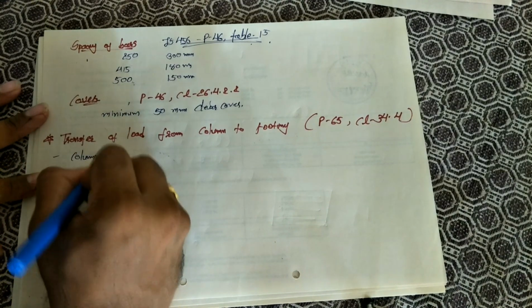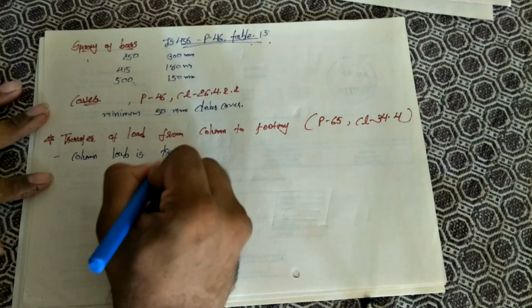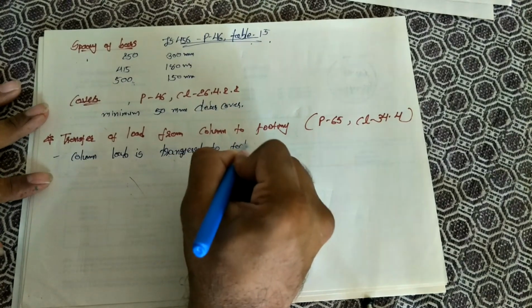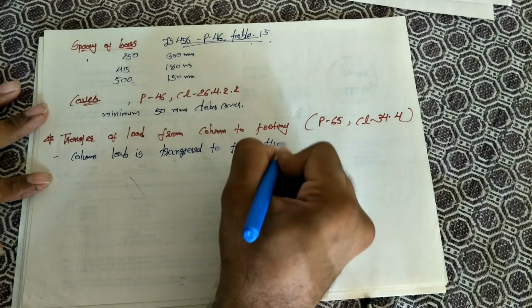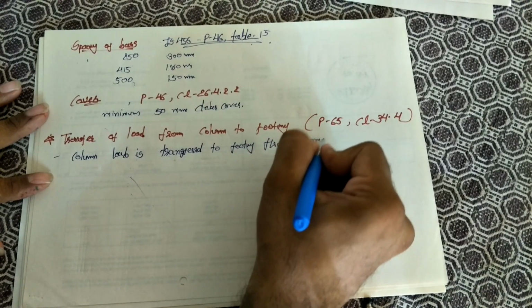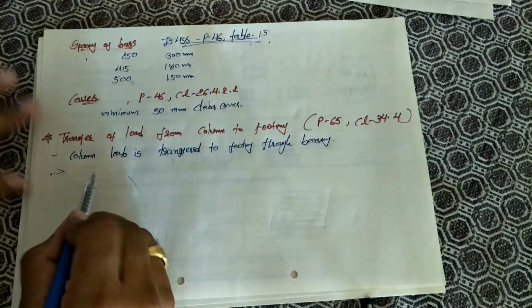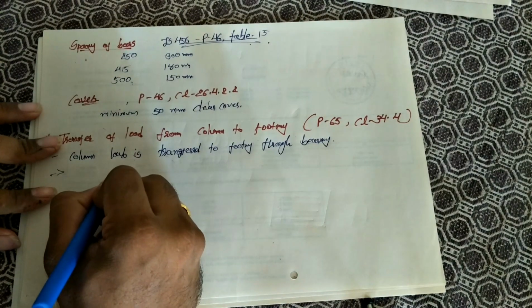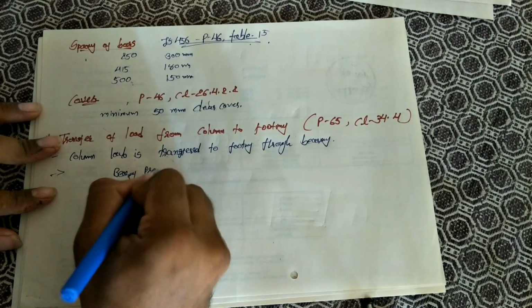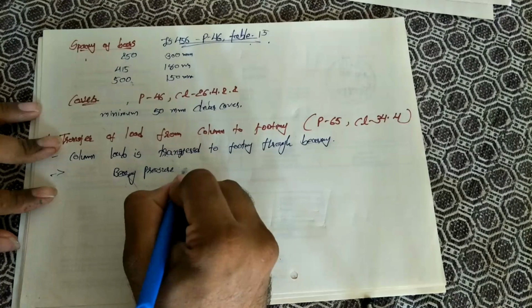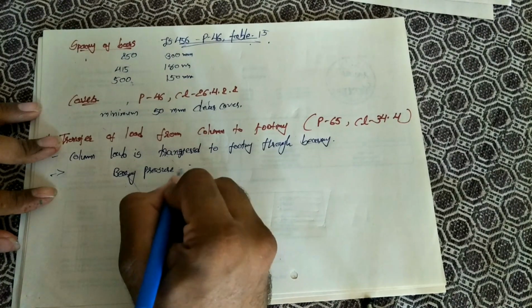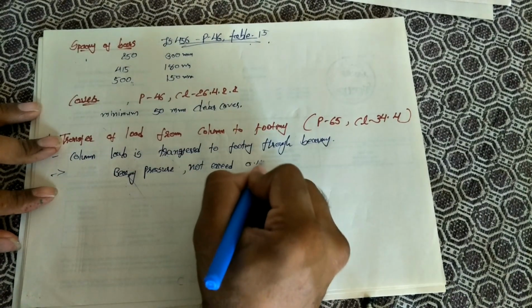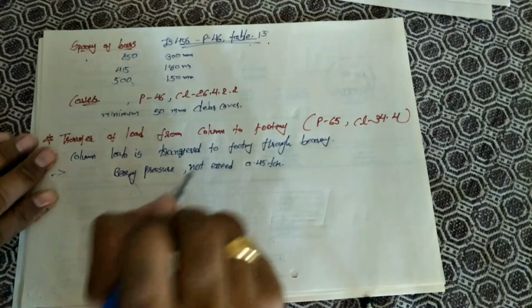Column load is transferred to footing through bearing. Bearing pressure below column should not exceed 0.45 fck.